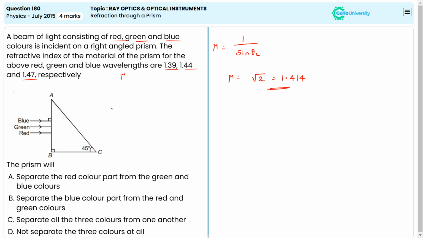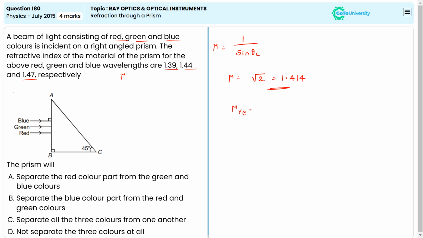Now, by observing this, the refractive index of the red light is 1.39, which is less than the mu value, while the refractive indices of the blue and the green light are greater than the mu value.